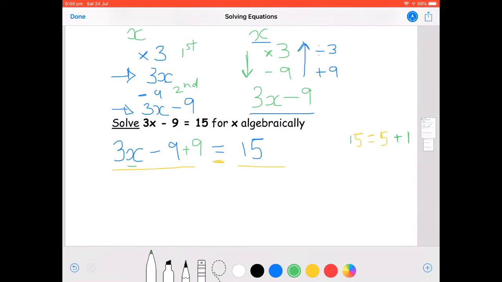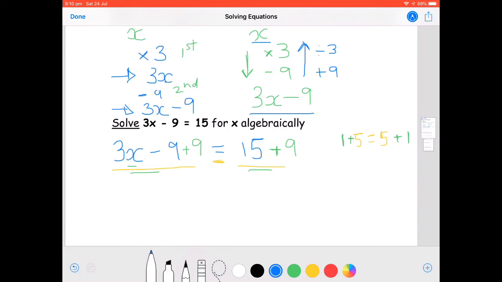So you'd also have to add 1 on the other side of the equal sign, in order for the equation to make sense. Now you've got 6 equals 6. So it's the exact same over here. Whatever happens on this side also needs to happen on this side. So we've added 9 on the left-hand side, so that means that we also have to add 9 on the right-hand side.